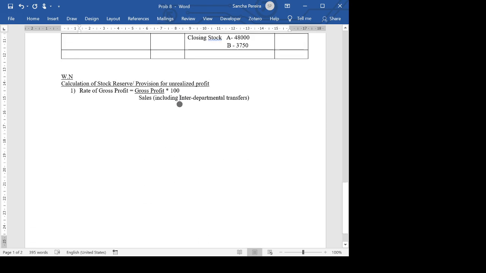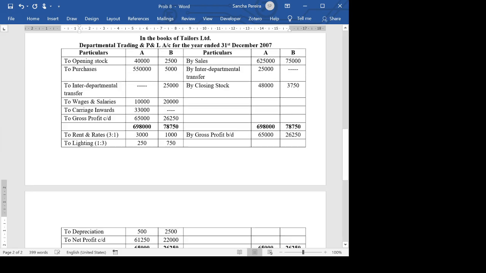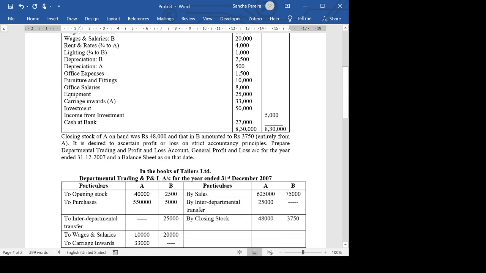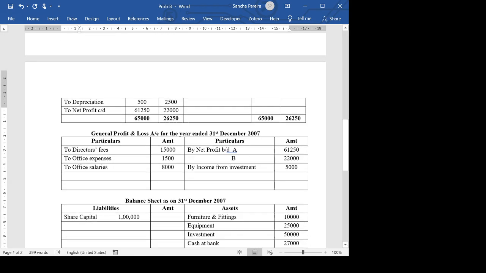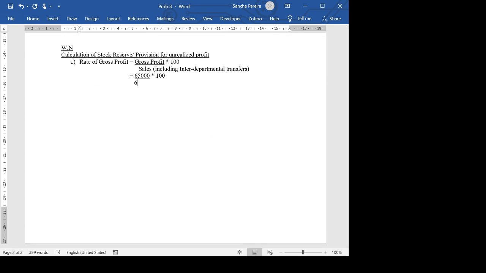So replacing that in the formula, we are going to get 65,000, which is the gross profit of A, into 100 divided by the sales. If you check the sales, it's going to be 6,25,000 plus 25,000. So it's going to be 6,50,000.